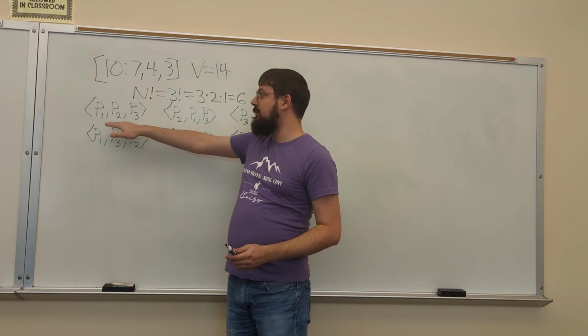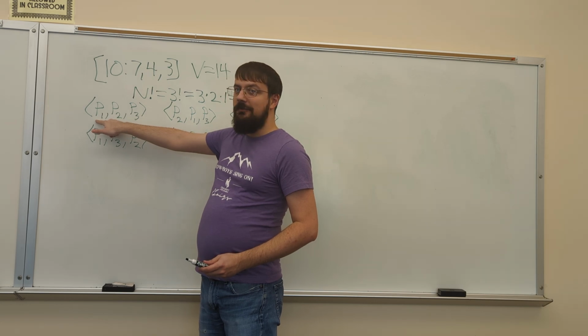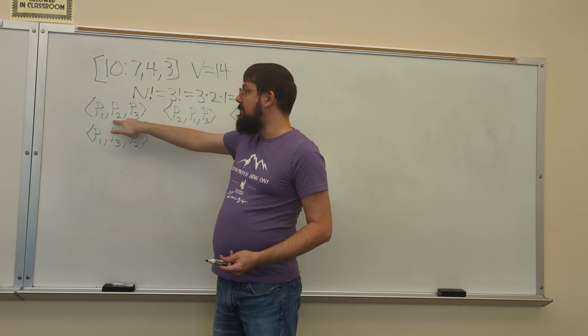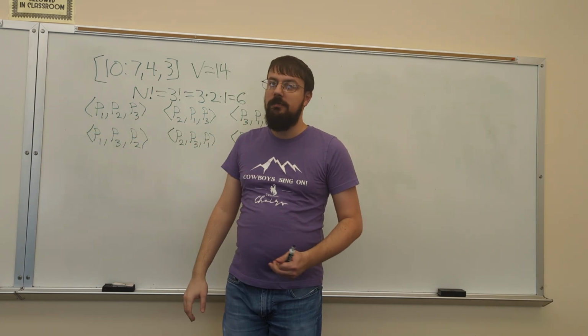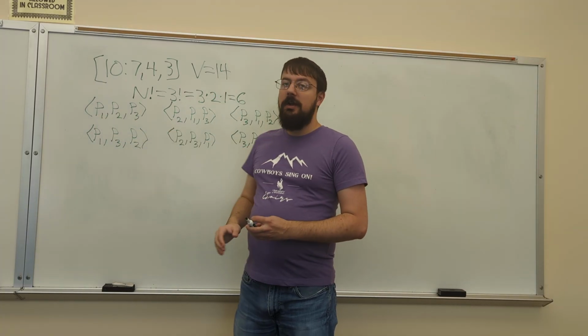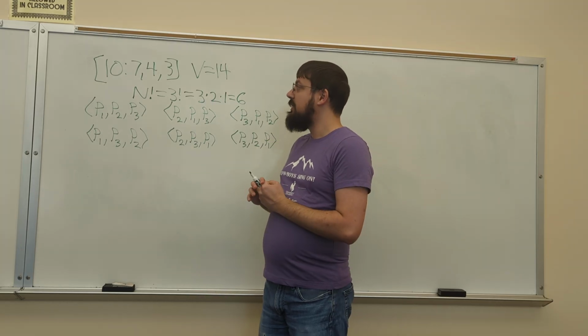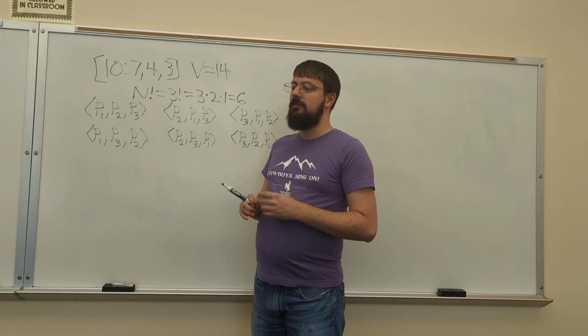So for this first one, P1 decides to vote yes first, and then is joined by P2 and then joined by P3. If we go down the line, the first player that gives us enough votes for our motion to pass is our pivotal player.